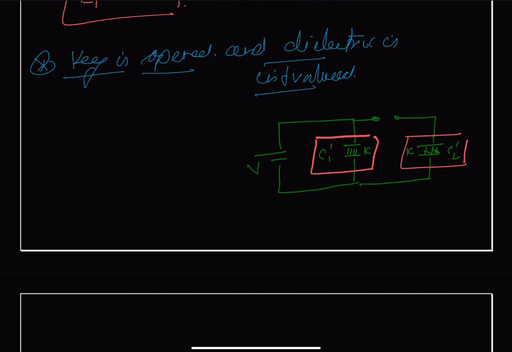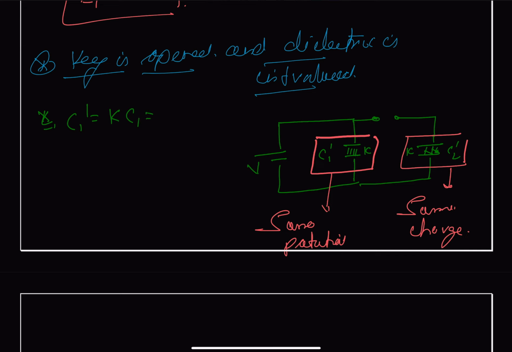So this is going to have the same potential, and this is going to have the same charge. So we can say that our C1 prime will be equal to K times C1. K is 5 and C1 is C.